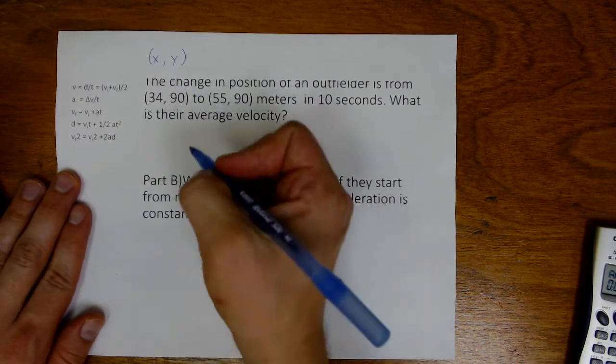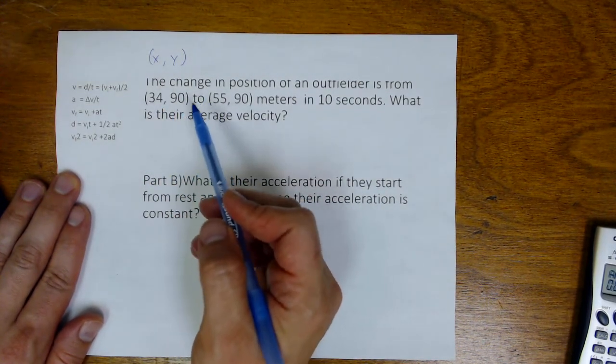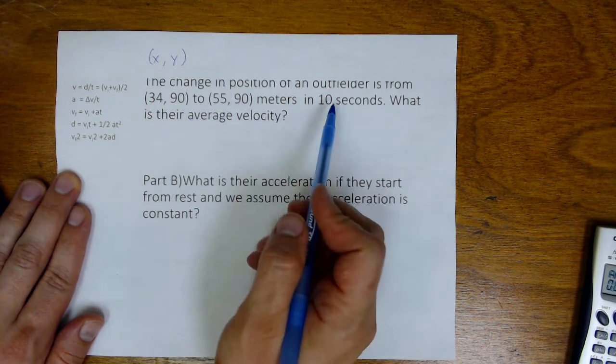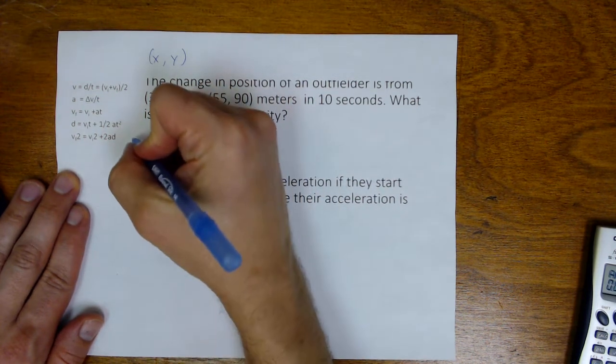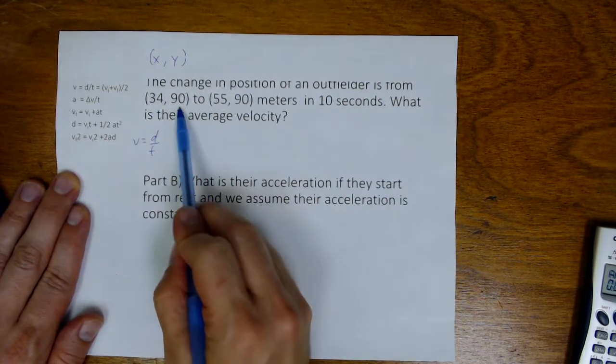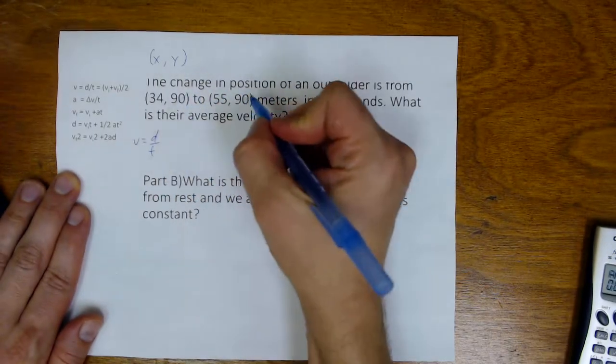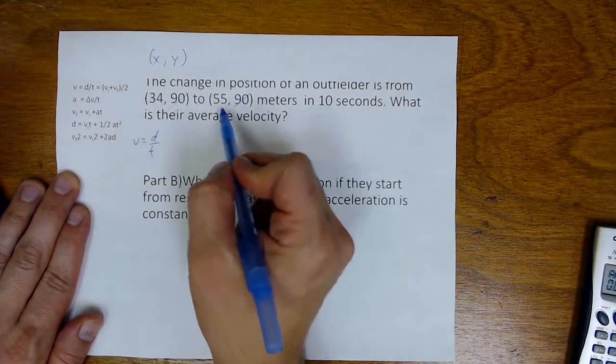Okay, for this one, we need to find the change in position first, and then we have our seconds, and we divide by seconds, just using v equals d over t. Now, we have 90 in the y direction both times, so there's no change there. So we're really only concerned with the x direction.